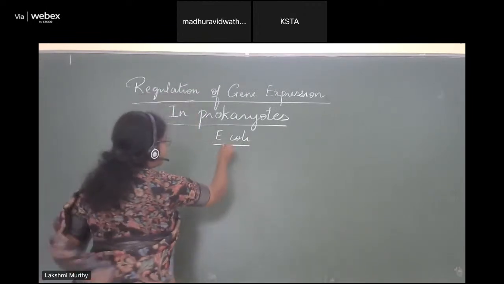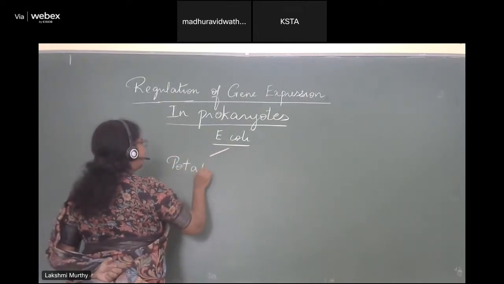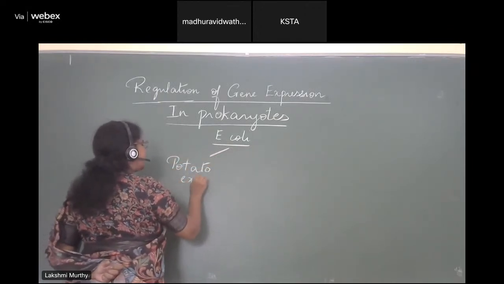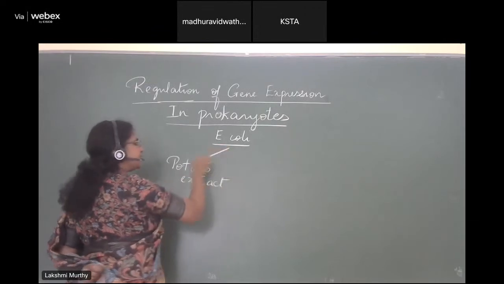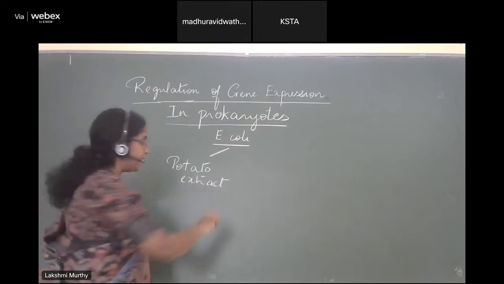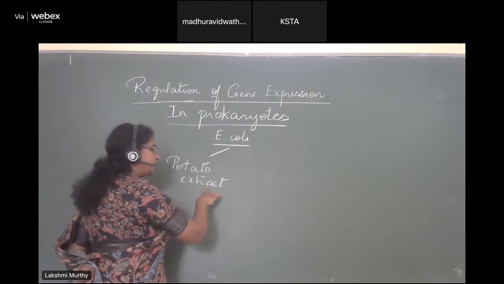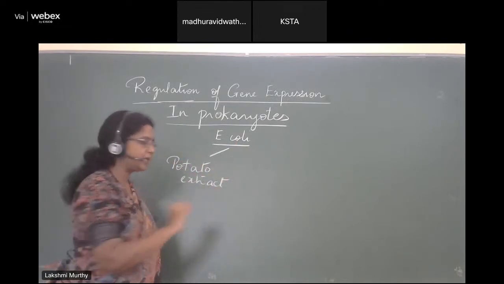Now, suppose I put E. coli in potato extract. Then E. coli has to make sure that it is able to derive nutrition from starch. So in this environment, E. coli should make an enzyme to digest starch, right?